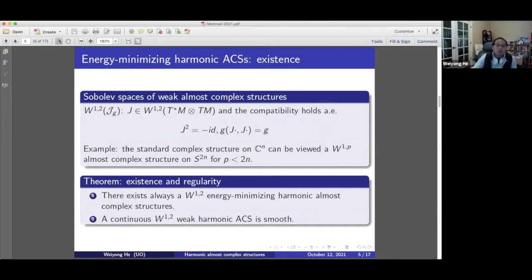For example, take the standard complex structure on the Euclidean space. You can just consider this Euclidean space together with the infinite point as a sphere. Then one would find that this complex structure will not be well defined at every point of the sphere, but it is a W^{1,p} almost complex structure for p less than the dimension of the sphere.